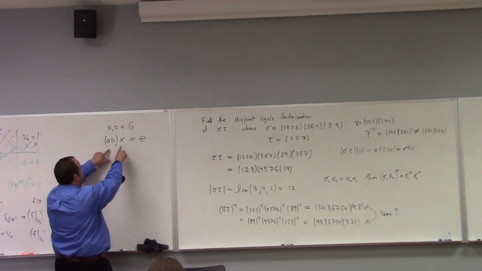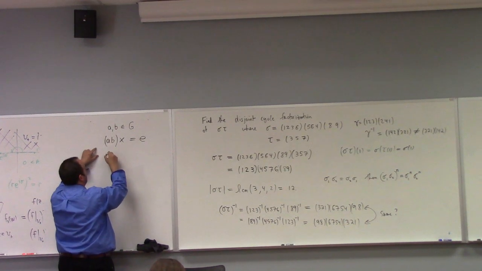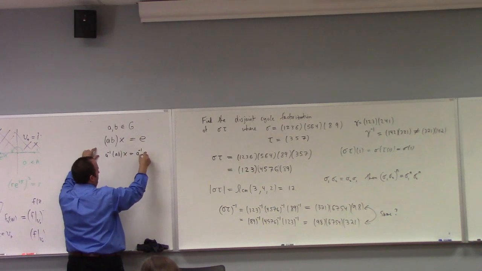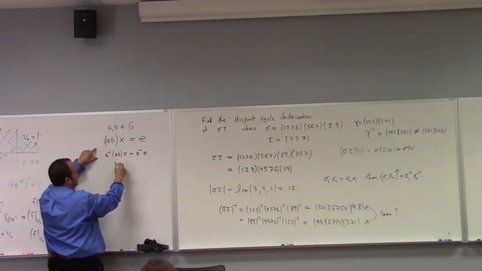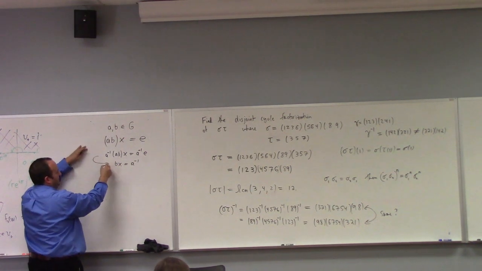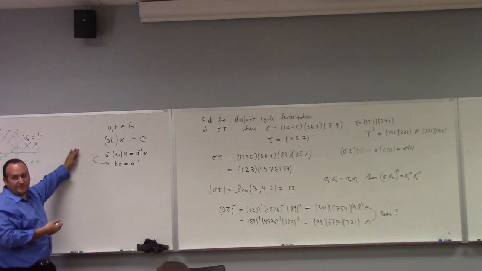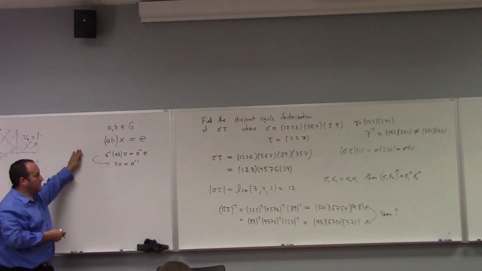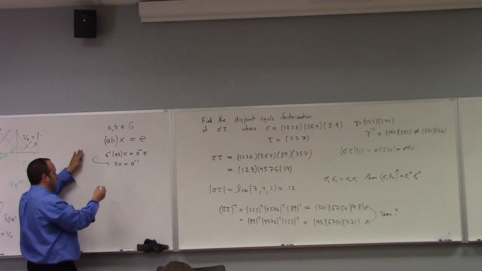So we just have to solve for x. How do we do that? We multiply by a inverse, which simplifies to bx equals a inverse, right? Because a inverse gives me e, and then ebx is just bx using associativity, definition of inverse, and identity. And then multiply by b inverse, what do we get?